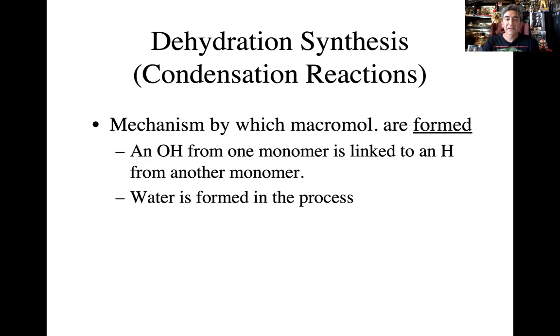So it's going to take little monomers and connect them together. It's going to form a bond between these monomers. And if we're putting things together, we're building, we're making, we are synthesizing, right? And we're going to make the atomic mass, or I should say the molecular mass, get larger and larger and larger.